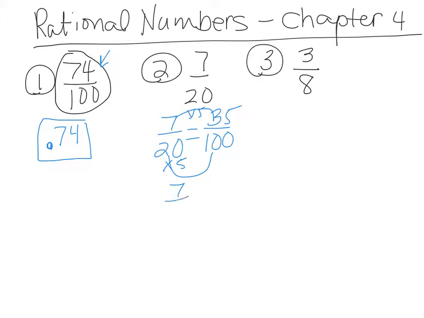So 7/20ths equals 35 hundredths. And if you get it as a hundredths, then you can write that down as a decimal. 35 hundredths is, move the decimal, there you go. Or you can stop, drop, and divide. Either way works, as long as you can do this.